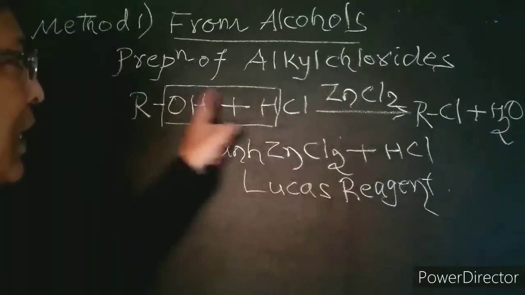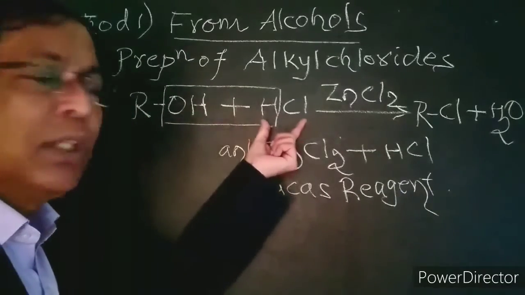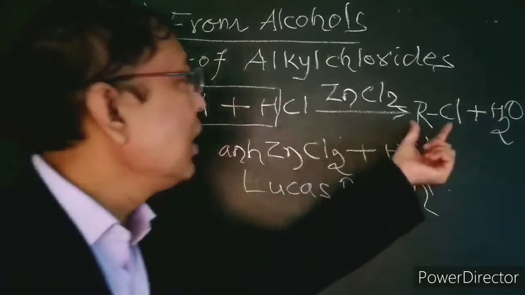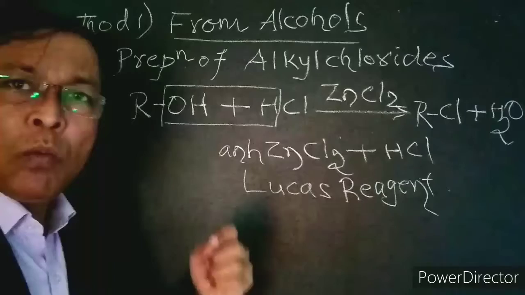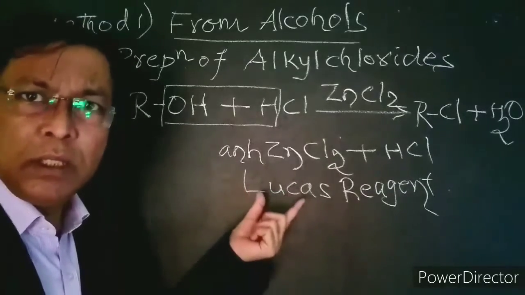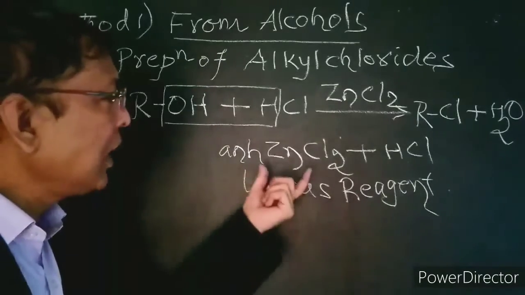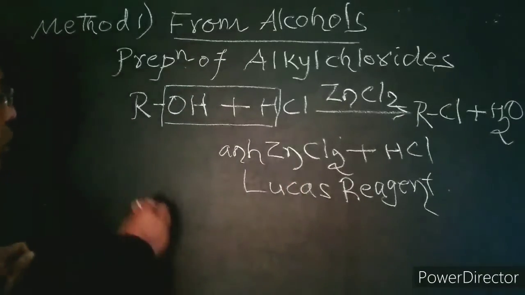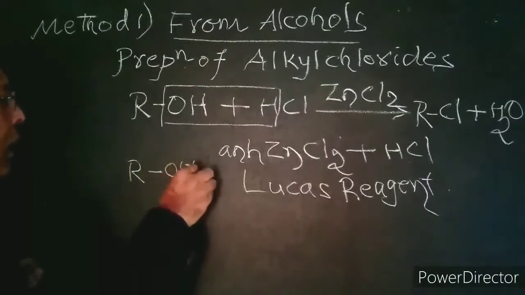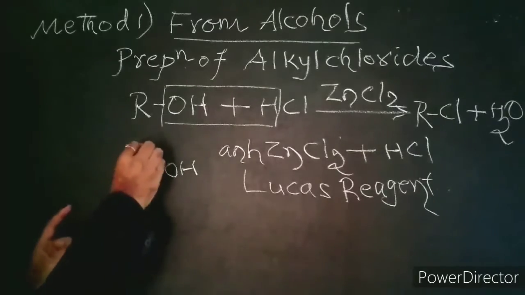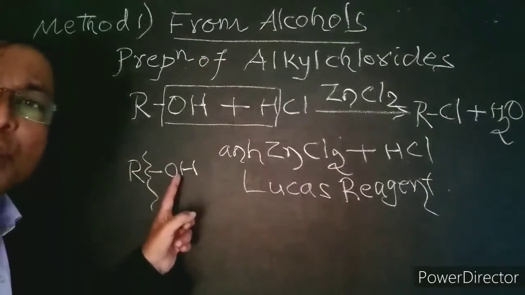If you see this reaction, it is the reaction between alcohol and HCl molecule which gives alkyl chloride and water. Then the question arises, what is the main role of anhydrous zinc chloride in this reaction? The main role of anhydrous zinc chloride is to make the R-OH bond weak, and it helps to break the R-OH bond.